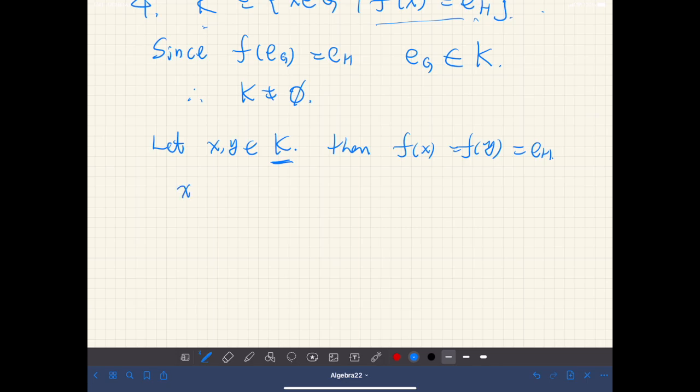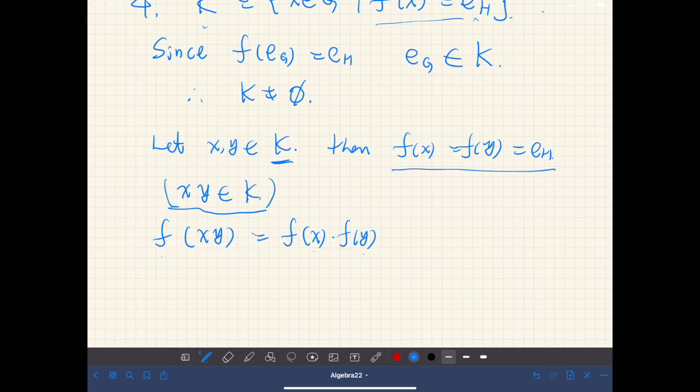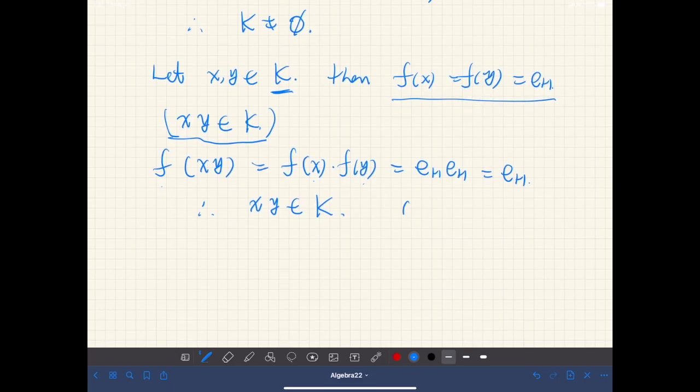So we need to show that xy is an element of K. To show this, let's map xy by f. Since f is a homomorphism, this is f(x) times f(y). But since x and y are both elements of K, they are both mapped to the identity element of H. Therefore, xy belongs to K. Therefore, the closure condition is satisfied.